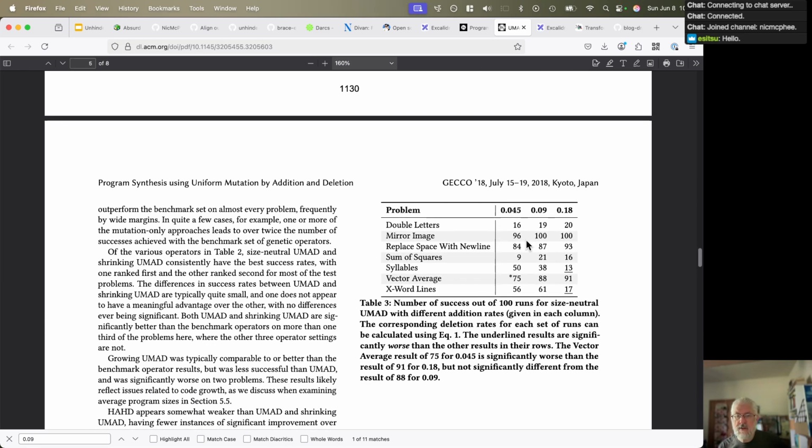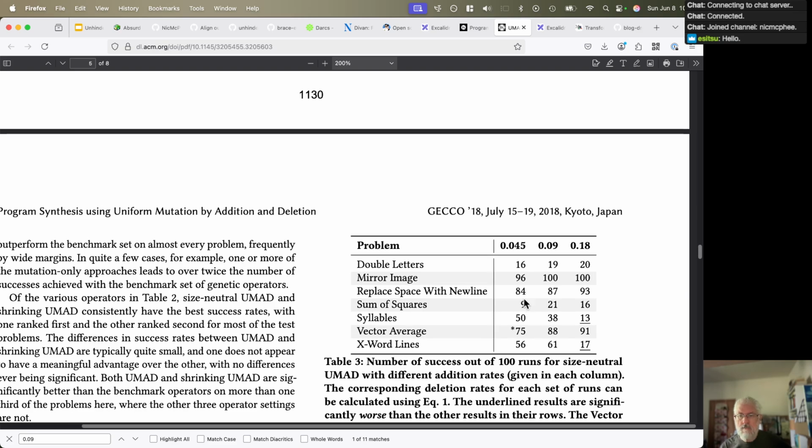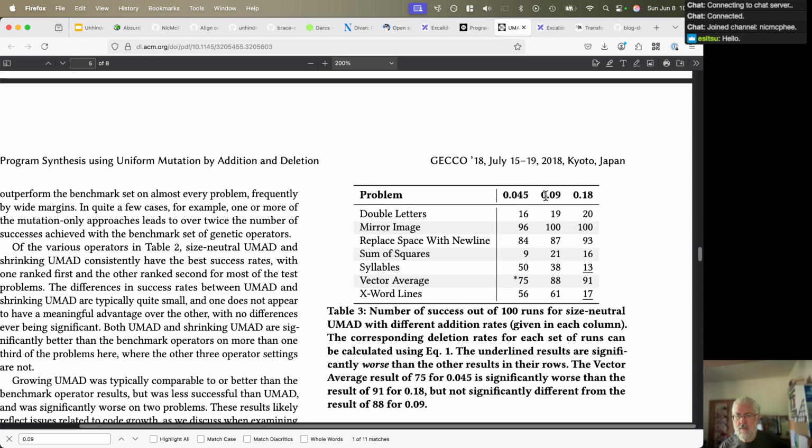So these are different addition rates. So basically, their default, and then half of that and twice that, and they had much better results on syllables with half, and slightly worse results with half on everything else.